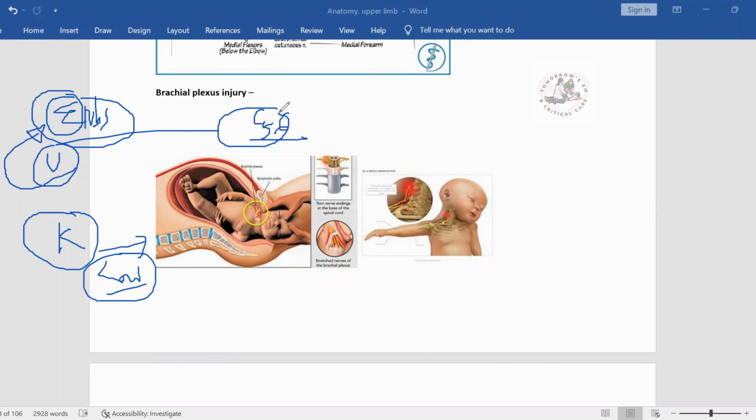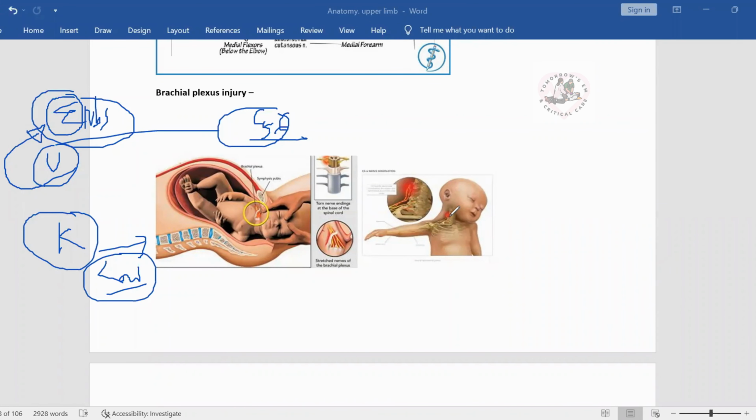Say, for example, you see this picture. During delivery, this guy is putting pressure on the upper chord of the brachial plexus. Say, for example, this baby has gross cephalopelvic disproportion, gross hydrocephalus or shoulder dystonia, or forceps delivery.